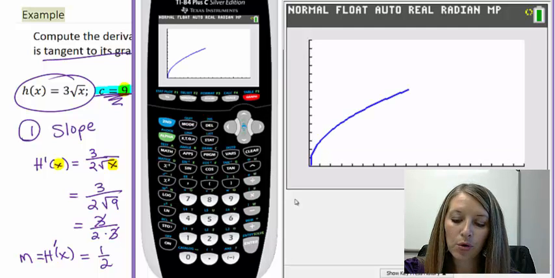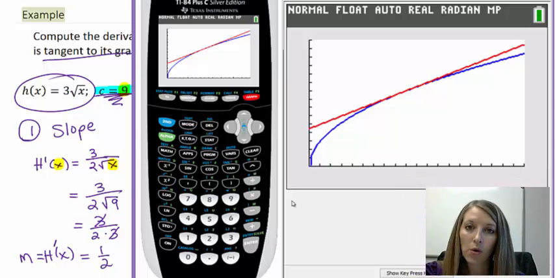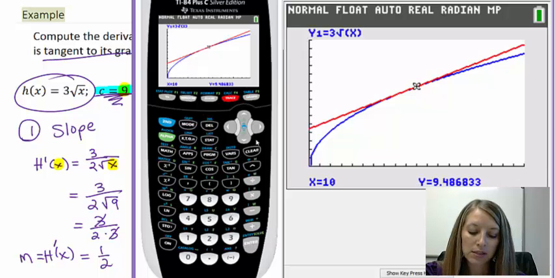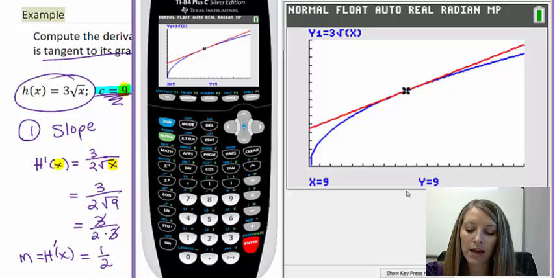So again, the blue is my original equation, and the red is my tangent line, and we're checking at x equals 9. If you want to check it specifically, you can use trace and type in 9. That's going to tell you if you have the right y value, which we do.